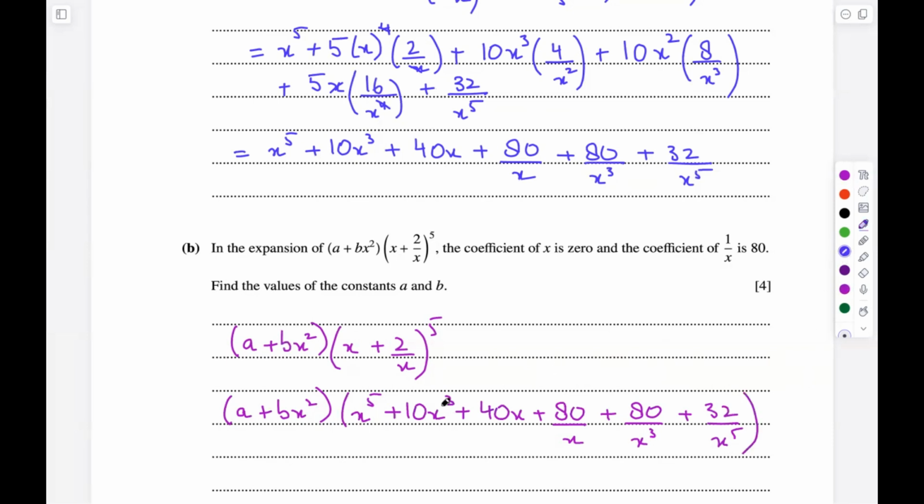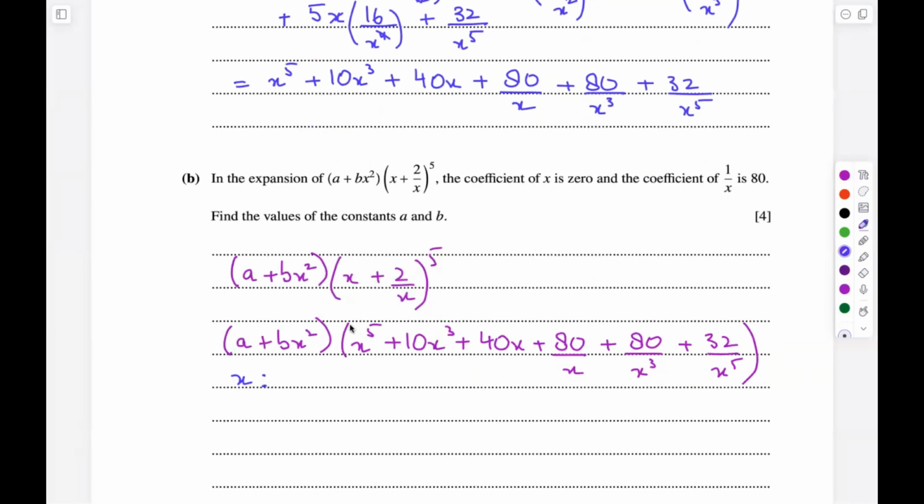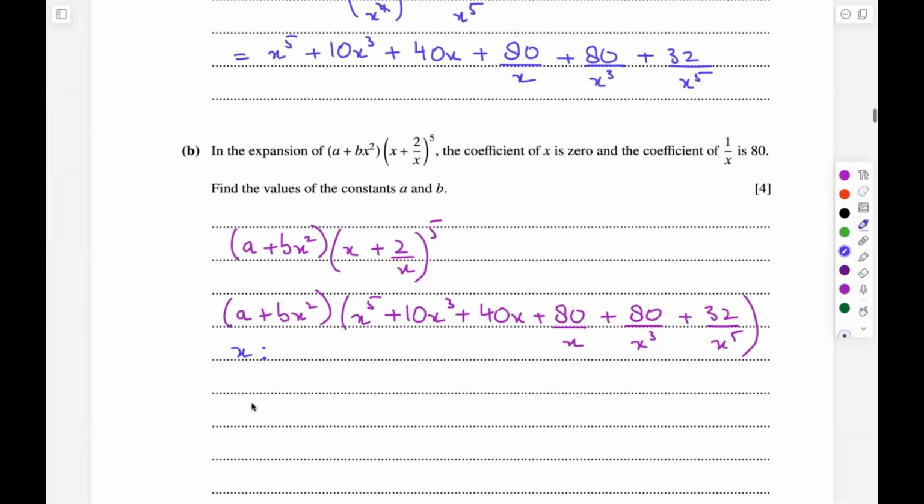Now, to get terms in x to the power 1, the coefficient of x, we can multiply this x² term with 80/x. So bx² multiplied by 80/x will give us a term in x.